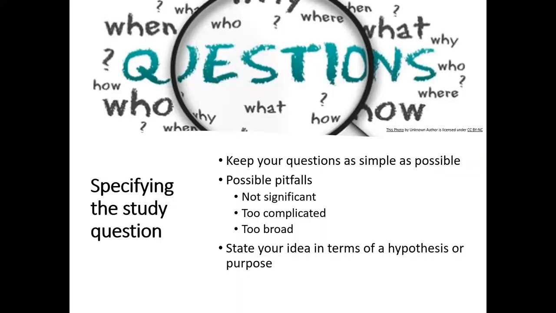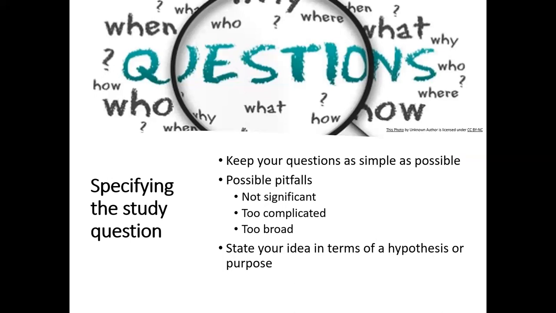So when you develop your question, you want to keep it as simple as possible and state your ideas in terms of a hypothesis. You want to do something that's important and significant while keeping it not so complicated and not too broad. And that's kind of a fine line to tread sometimes.